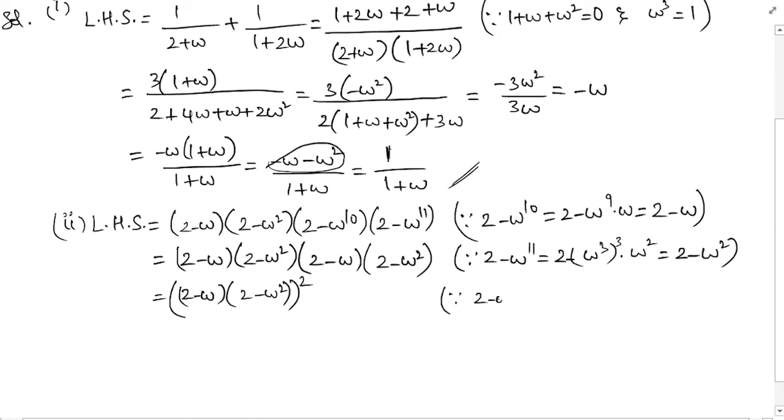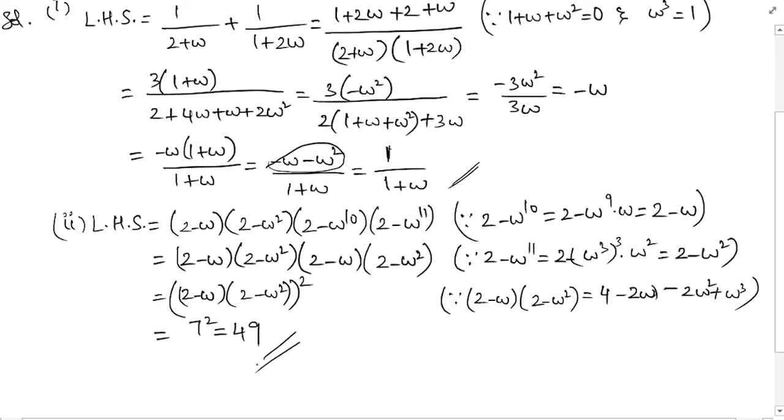Since (2 minus omega) into (2 minus omega square) is equal to 4 minus 2 omega minus 2 omega square plus omega cube, now this will be equal to 7 square, which is equal to 49. So here we have proven that LHS is equal to RHS.